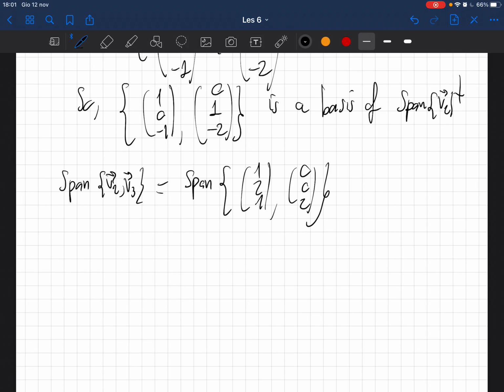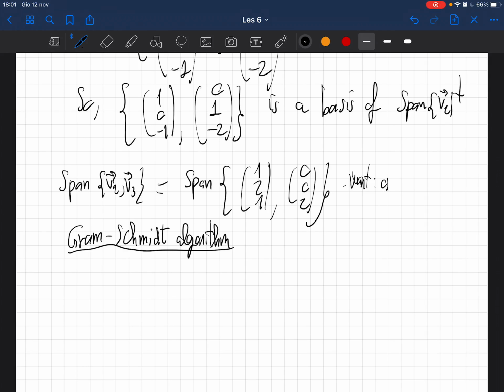And we want an orthonormal basis. Here you have the famous Gram-Schmidt algorithm. It's best explained when you see it in action. The idea is that you start with a vector, you normalize it, and then you do some orthogonal projections, and after this you end up with an orthonormal basis.